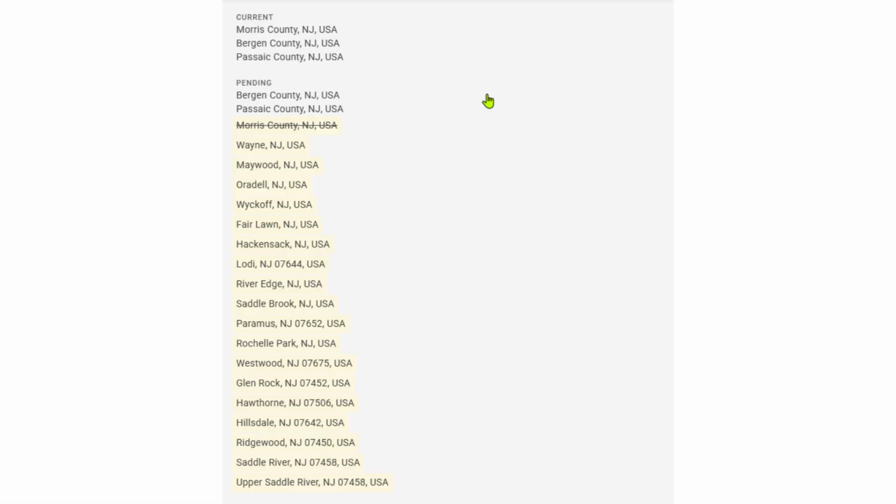This is too broad of an area for you to put, especially when you're working with local businesses. You have to be very specific and go down to the town level, and you have to list all the towns that the specific business is going to be working. They call them service areas.